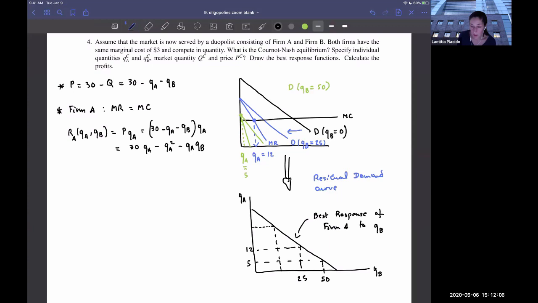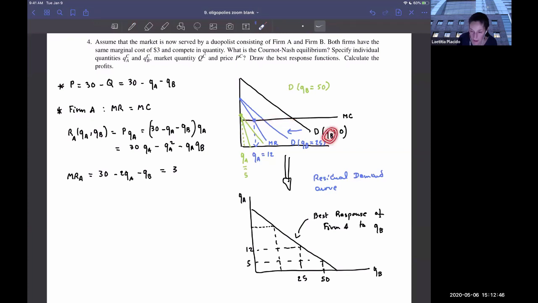Okay. So what is marginal revenue? The marginal revenue is the derivative of total revenue with respect to QA. Okay, so you're going to take the derivative of this expression here with respect to QA. So you end up with 30 minus 2QA minus QB. And you set this equal to marginal cost, which is 3. Okay. So basically what you are looking for here is this intersection for any quantity QB.